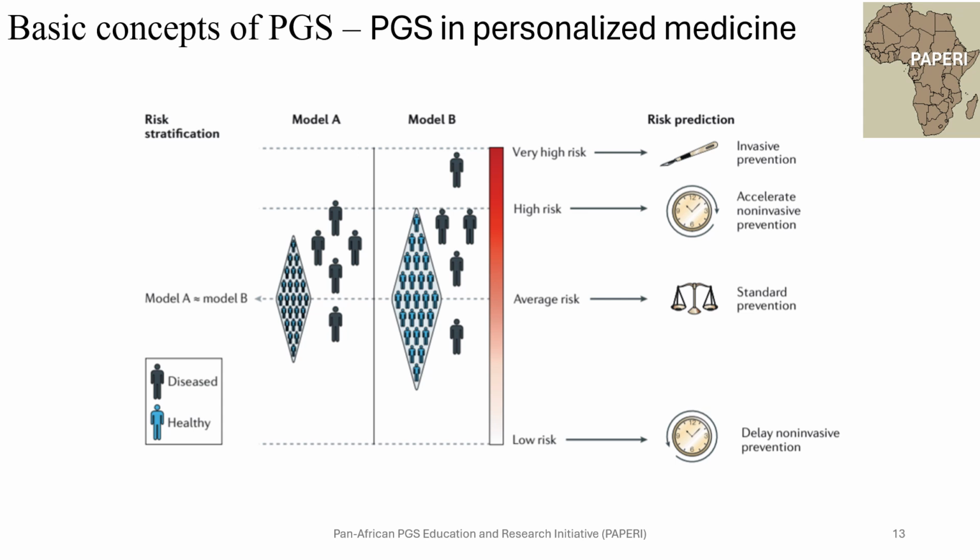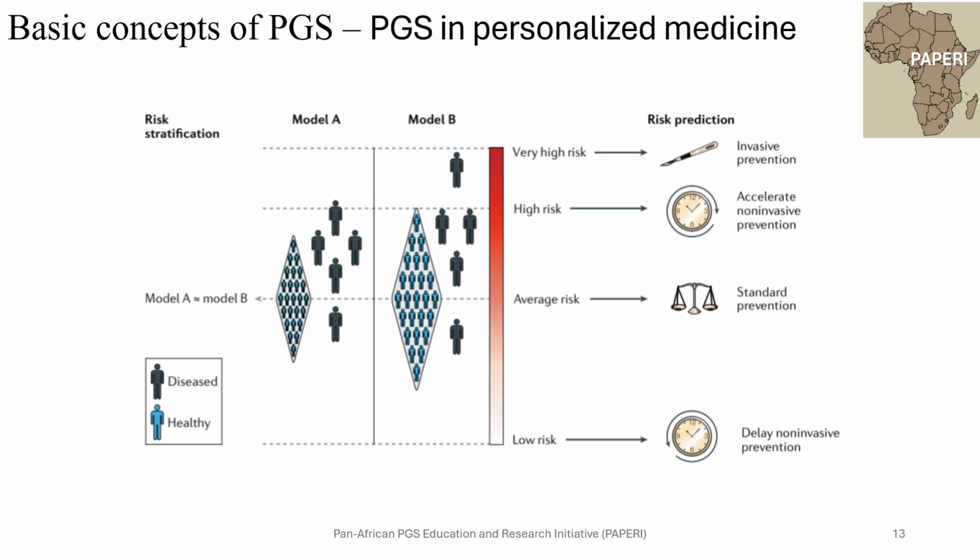So for the application of a polygenic risk score in the clinic, again, going back to what I mentioned earlier, whether this is for an altered screening protocol or to select people for lifestyle intervention or something like that, how well the polygenic risk score model stratifies individuals is very important. If you have a polygenic risk score that is no better than flipping a coin to determine if somebody will get a disease or not, that polygenic risk score, of course, offers no value for altering somebody's screening protocol, let's say.